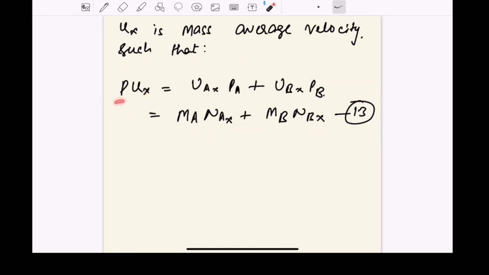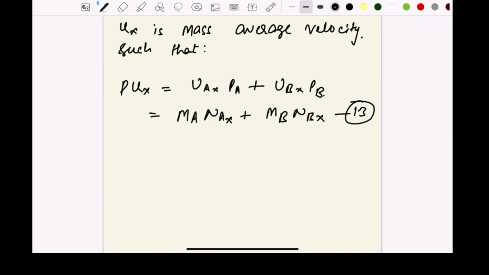Since ρ and Ux are both variable, we will differentiate according to the product rule of differentiation, the differentiation of the multiplication of two variables.